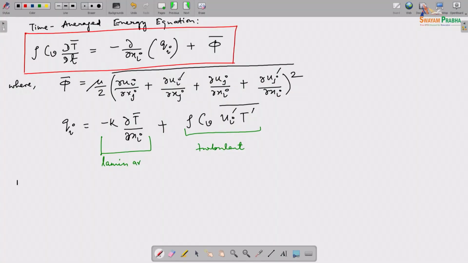Now, for a boundary layer, the energy equation, let's just see if this makes sense.